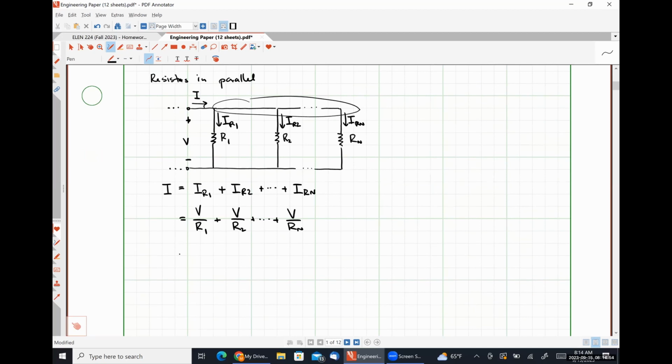And since there's a common factor of V, I can just take that out, leaving me behind I is equal to V times the sum of all of the reciprocals of the resistances.